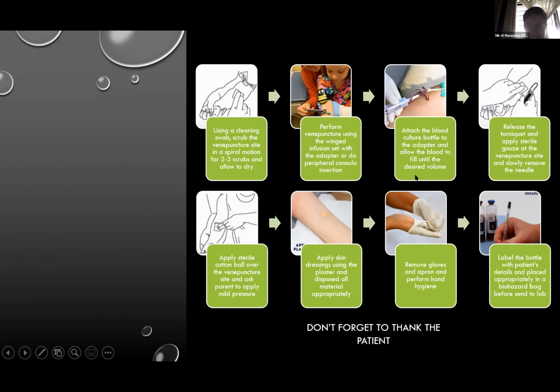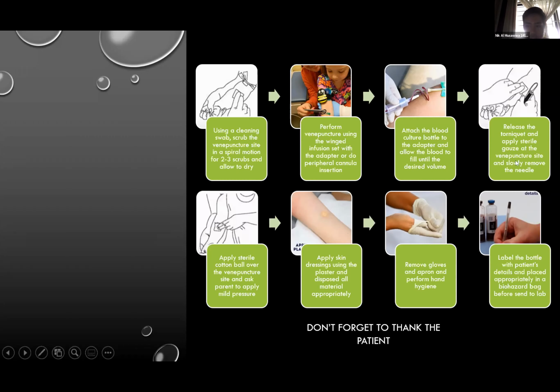And then proceed to attach the blood culture bottle to the adapter and allow the bottle to fill to the desired volume, usually not more than 0.5 ml for neonates or infants, and for older children maybe about 1 to 3 ml, or for adolescents as much as an adult, which is 20 to 30 ml.